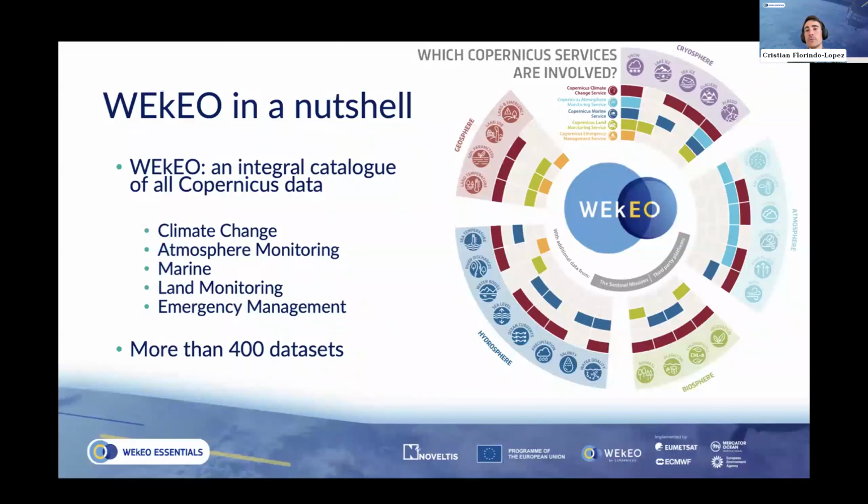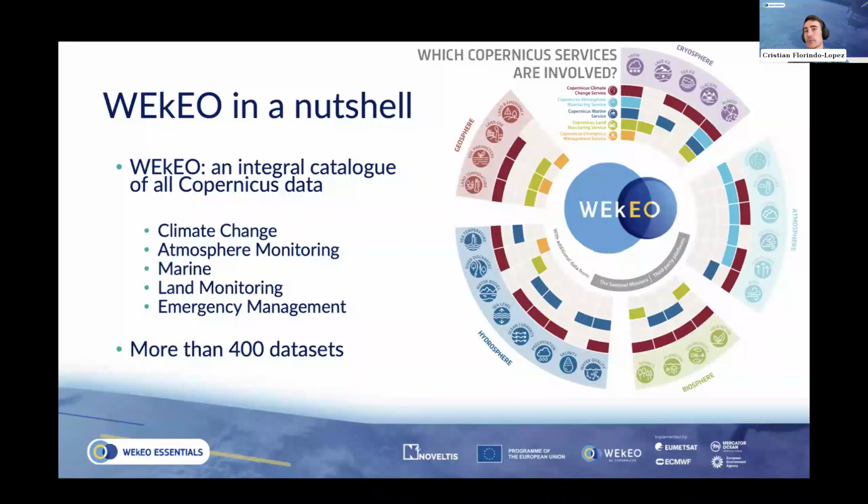And from all of those, you will find data provided by different data providers that are constantly maintaining, updating, and providing new data sets. So WEkEO is quite dynamic. It's evolving constantly and increasing the offering.